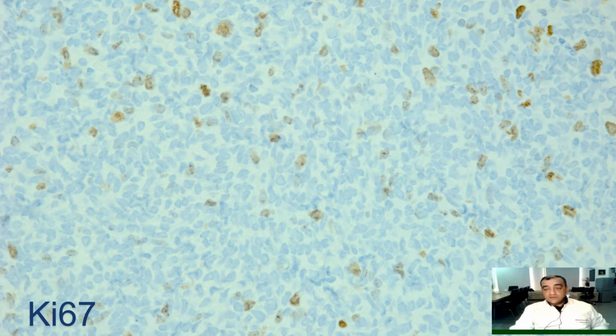Here you can see only 7, maybe 10% of neoplastic cells really show positive Ki67 labeling. So remember that Ki67 in case of Ewing sarcoma usually labels fewer neoplastic cells than other tumors of this group.